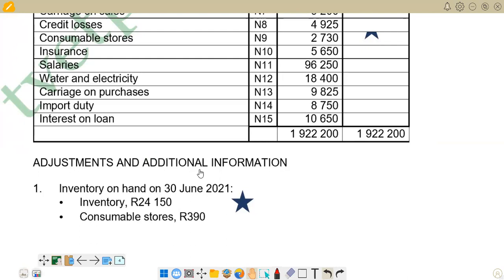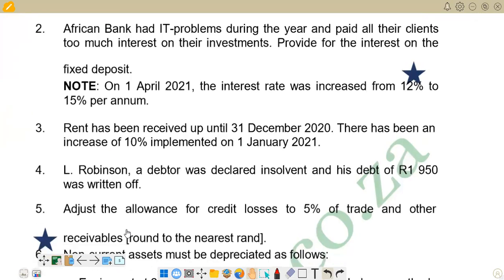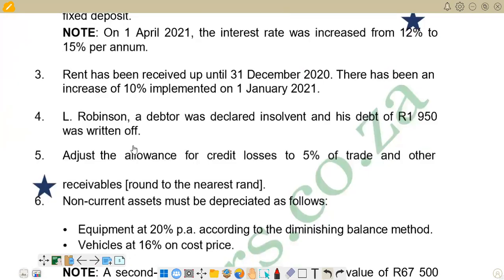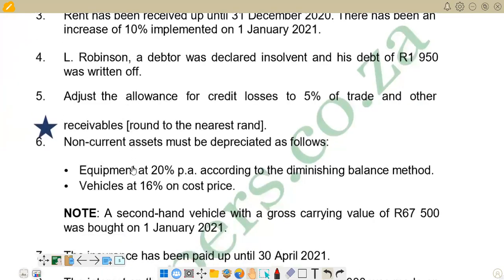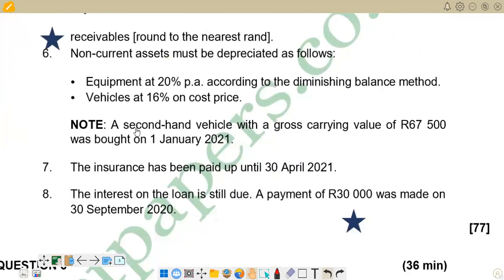Remember, on information 1, we have got the issue of inventory, which is not going to affect the sales figure. Then we go to 2, you check if we have any adjustment. You go through every adjustment that is given there, and you would see that we don't have any adjustment there that is affecting the figure for revenue.